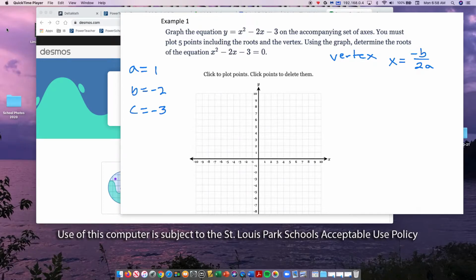The value in front of the x squared is 1, the value in front of x is -2, and the constant is -3. So if we wanted to know what the vertex is on this problem, x is equal to the opposite of b, since b is -2, is 2, divided by 2 times a, and a is 1. So in the end, that's the value of the vertex.